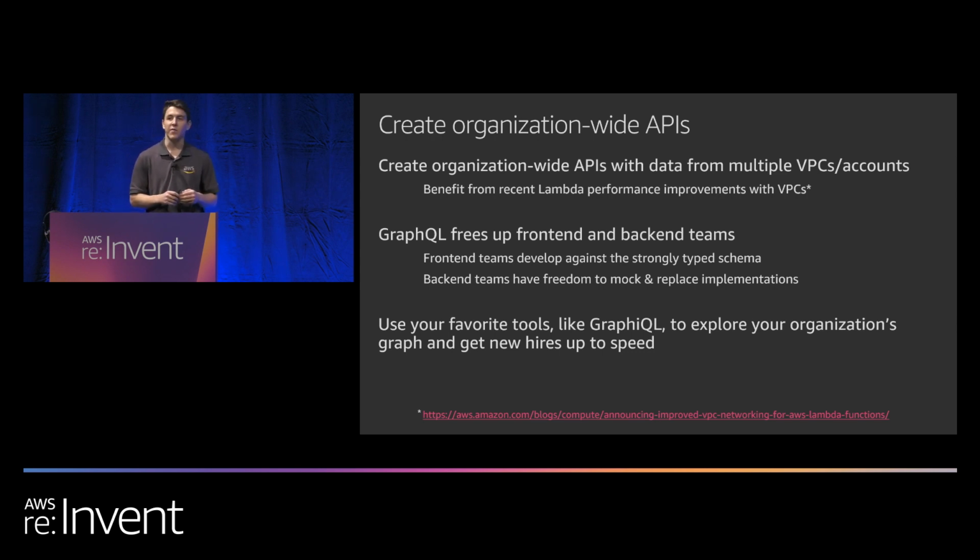Yet instead of having all of these different endpoints as you might in a traditional REST world, where the client is going to do all this orchestration to route to a set of n endpoints depending on what service they're trying to talk to, it allows you to abstract that into one place via this GraphQL routing layer that you can use to create that organization API. It'll create a well-defined type system that your front-end teams can use to understand what shapes are available, while still freeing up the back-end teams to make changes and replace implementations as they see fit.